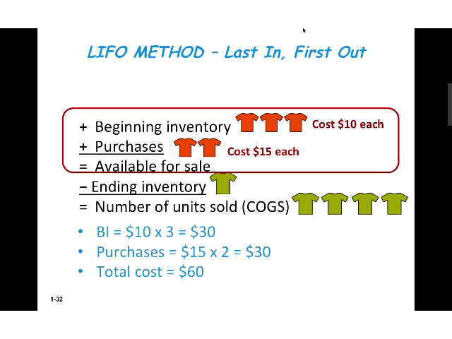Okay, so LIFO, same set of facts. So our total cost is $60, but LIFO means that if you're answering the cost of goods sold, your last in is your first out. So when we're dealing with our cost of goods sold, you're dealing with your most recent units as what was sold.